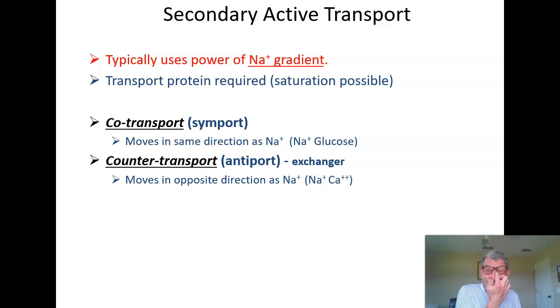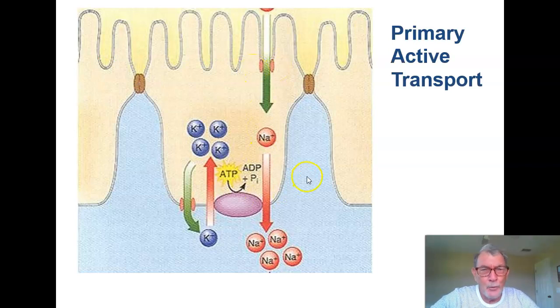Now remember, the secondary active transporters also are pushing stuff in directions they don't want to go. Co-transport moves in the same direction. Counter-transport moves in the opposite. What they usually use is the power of sodium. Now look back here. We got all this sodium here. If I'm keeping the sodium here on purpose, I want to have a lot of sodium here because I might need to move something this way that doesn't want to go.